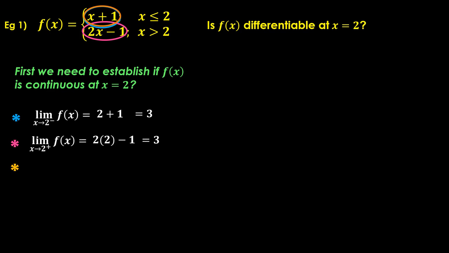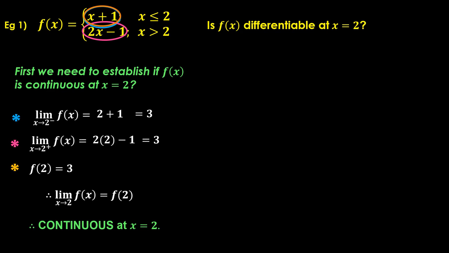We have to use the equation again. So we have to show that substitution again. So the function value at x is equal to 2 will be 2 plus 1, so it's 3. So because the limit as x approaches 2 from both sides is the same as the function value at x is equal to 2, the function is continuous at x is equal to 2.